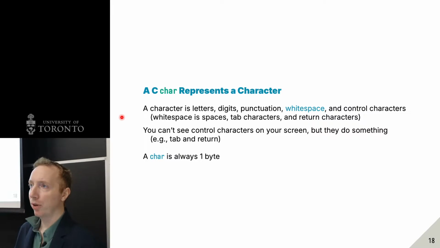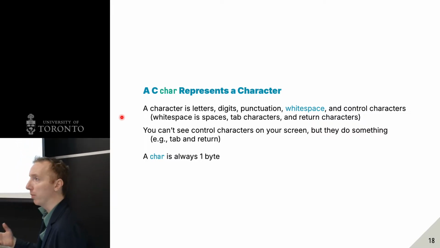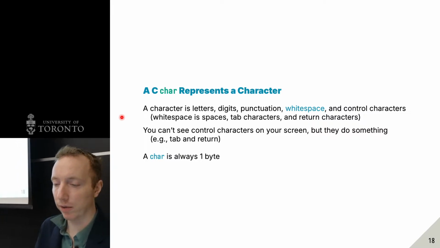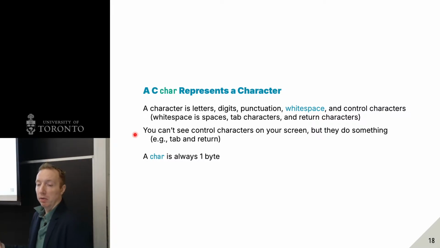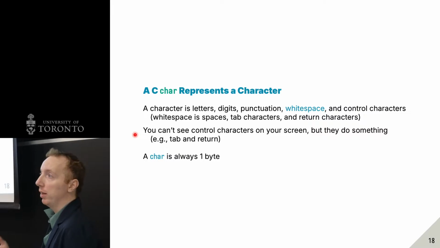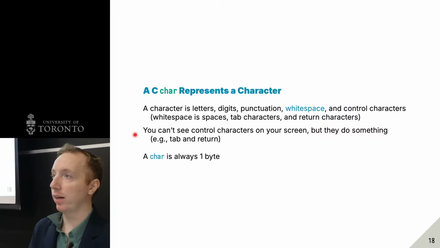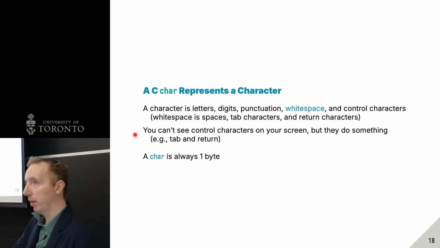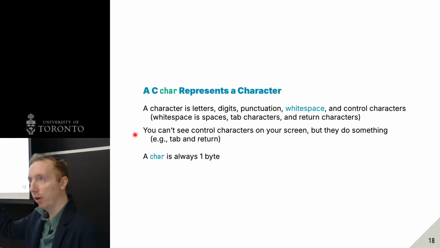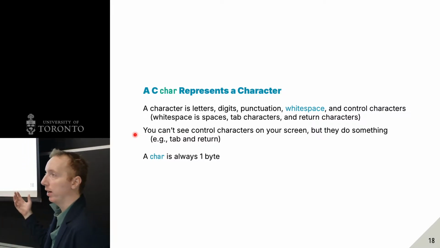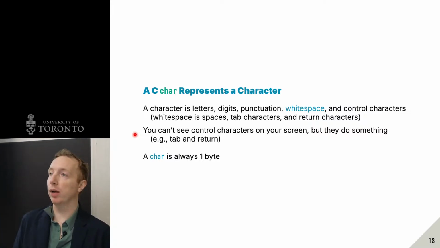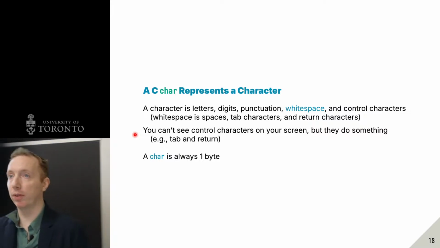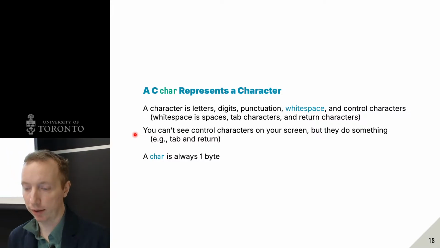And control characters would be something more fancy like shift and alt and all that stuff. These control characters, you can't see them on your screen, but they do something. For instance, tab moves text over a little bit, return goes to the next line, things like that. In C, a char type is always 1 byte, so it can represent 256 different things.